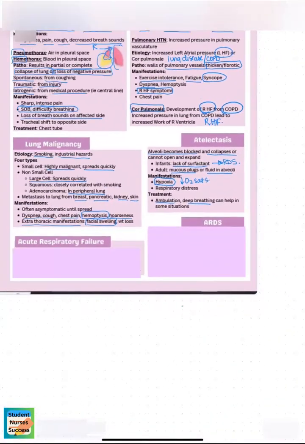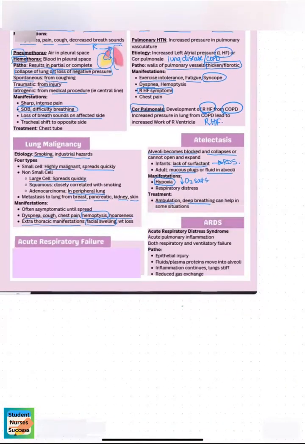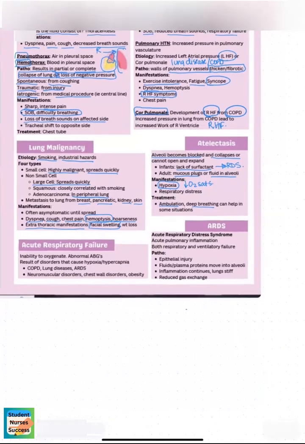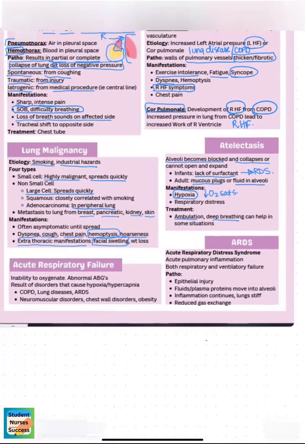Our last two I'd like to talk about are acute respiratory distress and acute respiratory failure. And I'm going to kind of talk about them together. Now, acute respiratory distress syndrome is really acute pulmonary inflammation. It includes both respiratory and ventilatory failure.